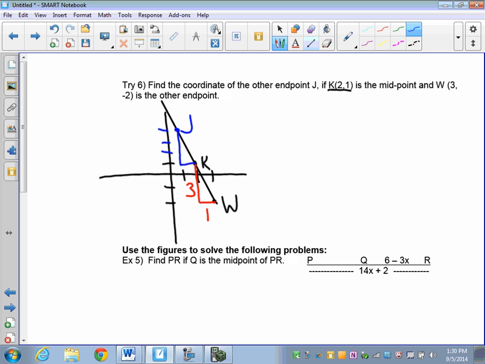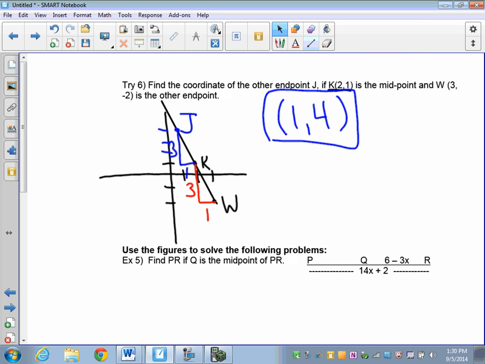Oh yes, it does. It gives us J. So again, I went to the left 1 and up 3. J is just 1, 4. It's really simple whenever you make the graph.